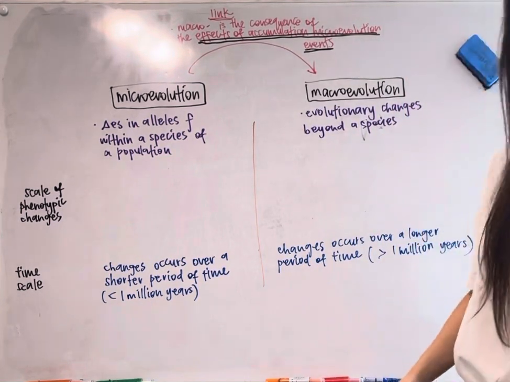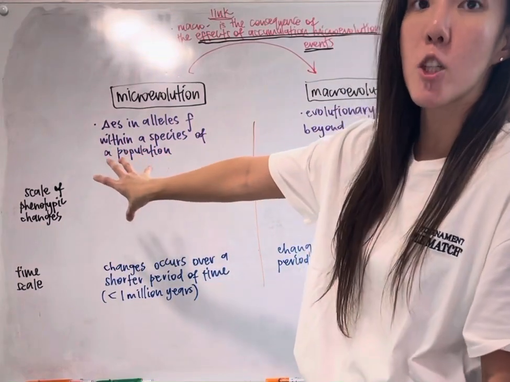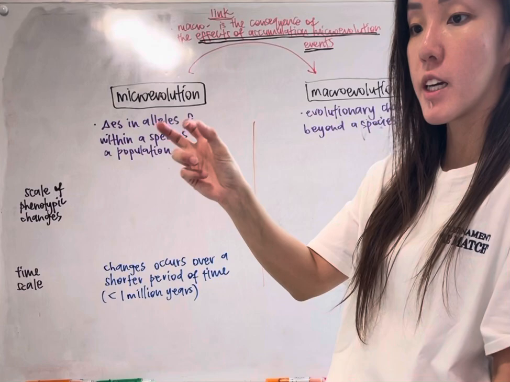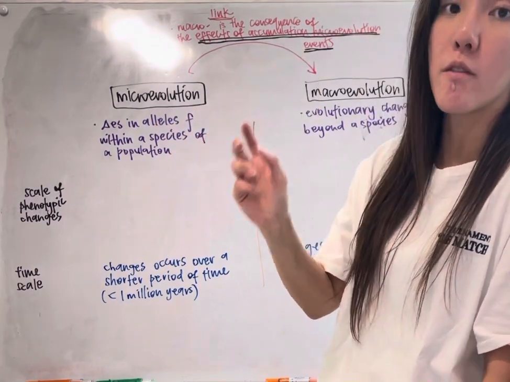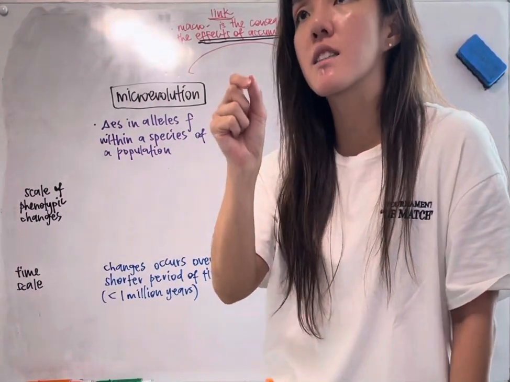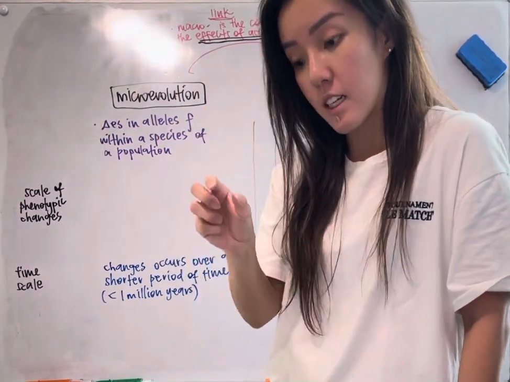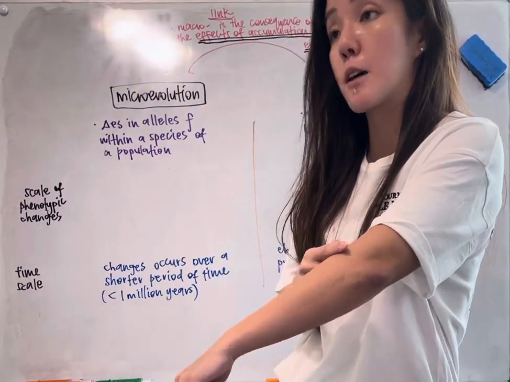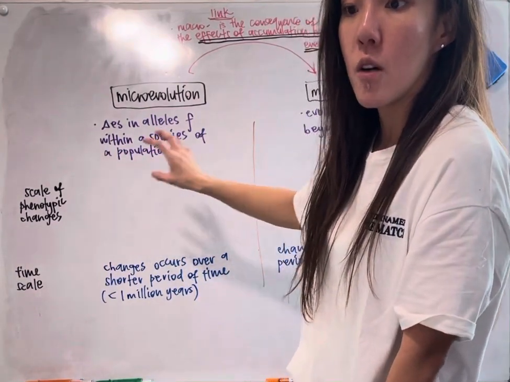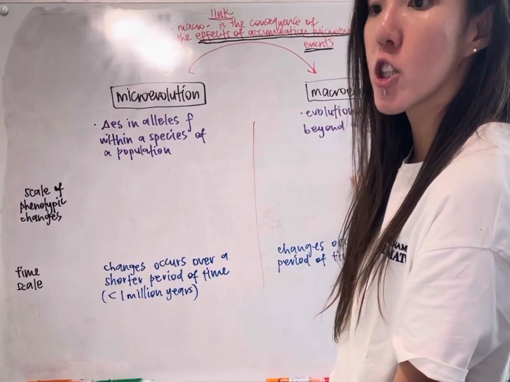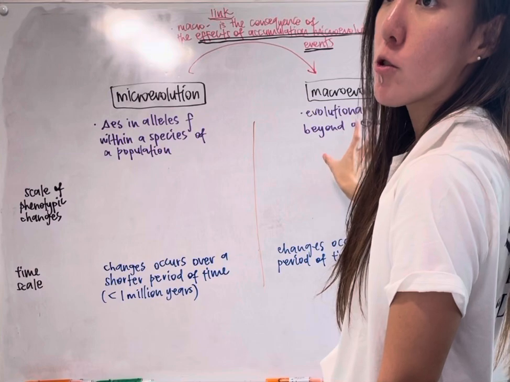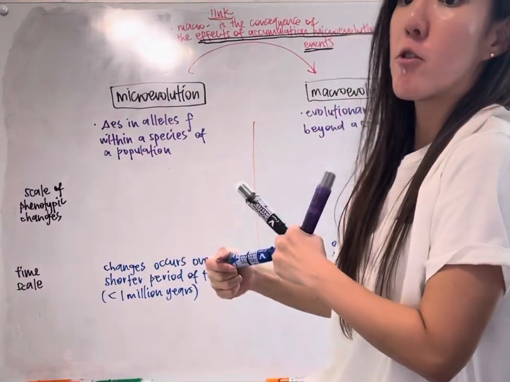Alright? Second thing is, you look at the scale of phenotypic changes. This is always categorized by a very small scale of changes in body plans or way of life. This is the largest scale here. So as long as you see, let's say, just deviation in the body size, or for example deviation in color, that is straight away microevolution. Whereas when you have much larger scale changes, such that they are no longer able to interbreed, that is already a macroevolution.